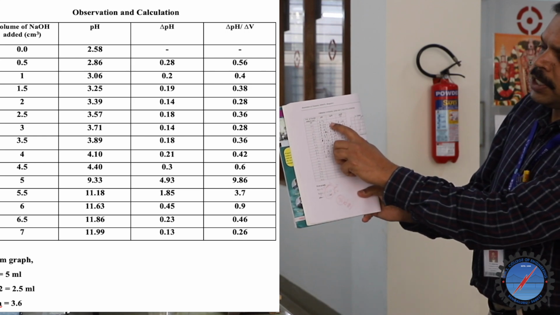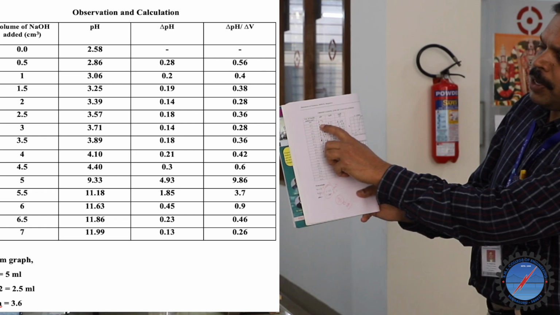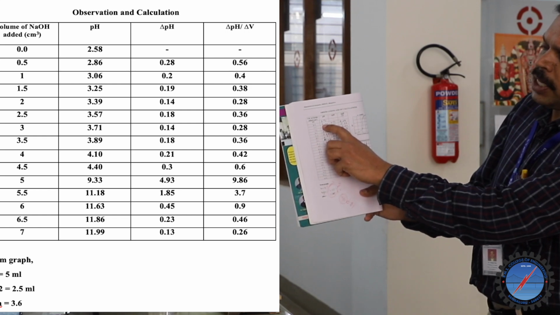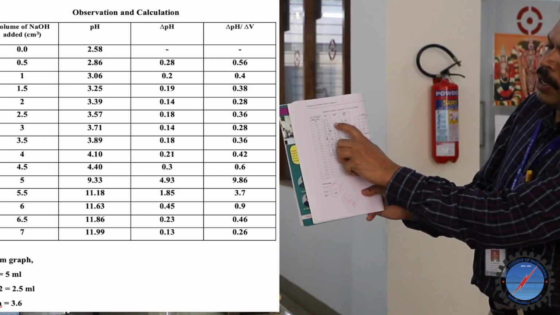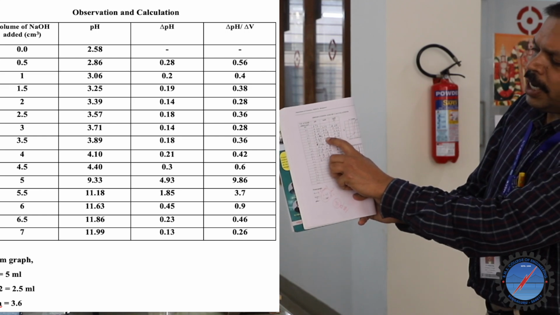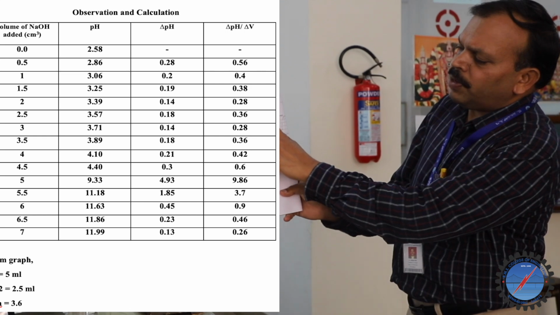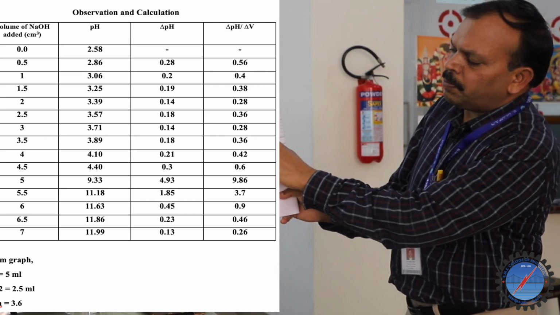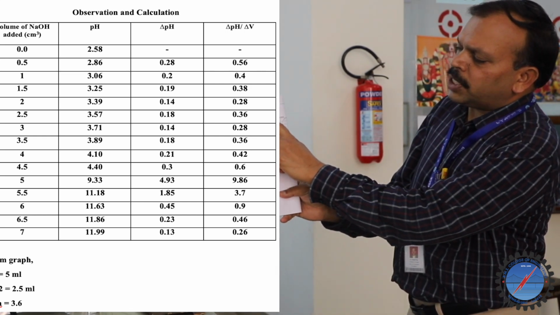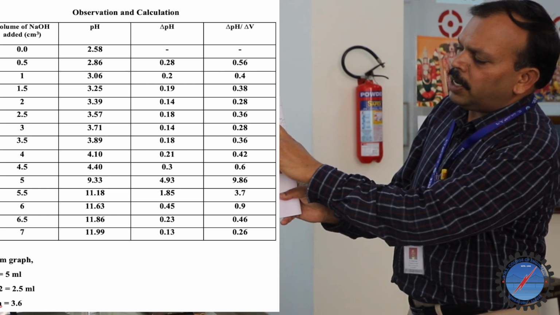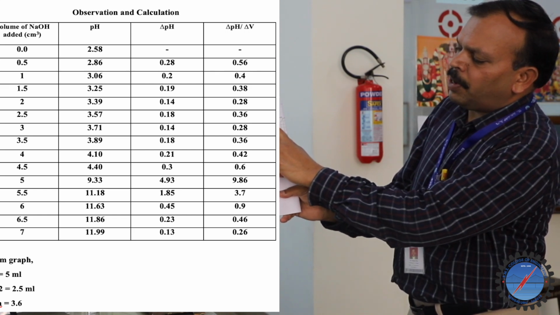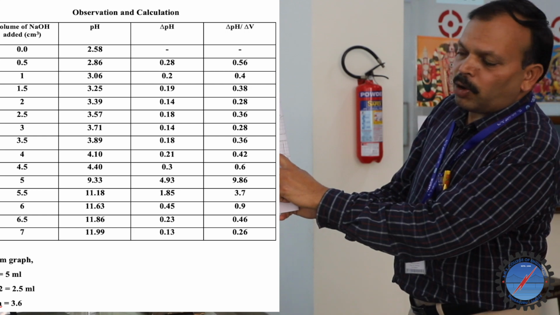And delta pH, as I told you, starts from 0.5: 4.34 minus 3.7, 1.17 like this. We recorded the delta pH value for every 0.5 addition. And finally, for delta pH by delta V, delta V is the fixed volume 0.5. If we divide by that, we get delta pH by delta V corresponding to all the volumes added.